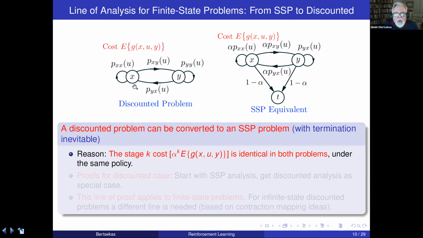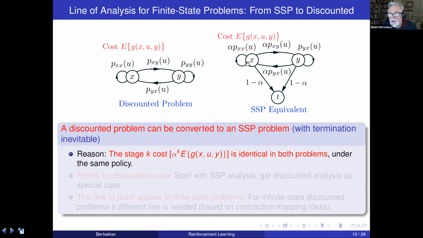This is the Markov chain corresponding to U, the transition probabilities between the different states. And when we are at X and we apply U, this is the expected cost per stage, except for the discount factor. Now we're going to formulate this stochastic shortest path problem, where we introduce an artificial termination state T, and at every stage, for every state, there's a probability 1 minus alpha.